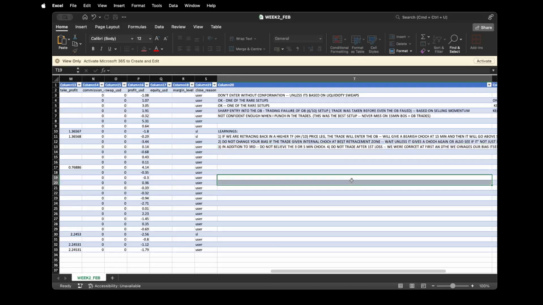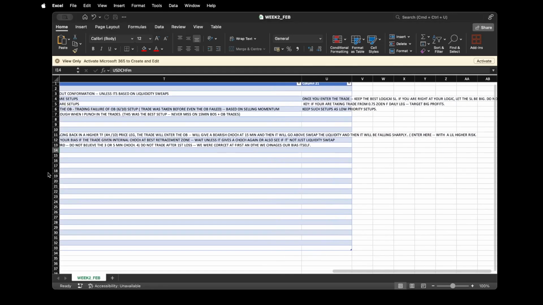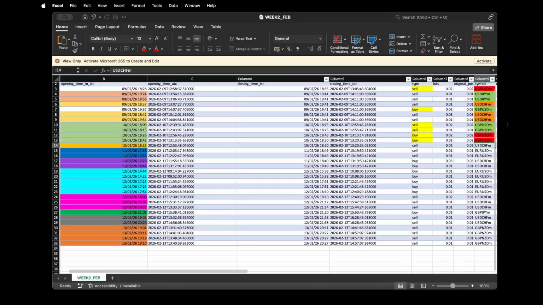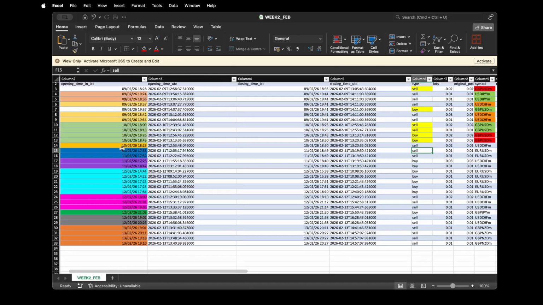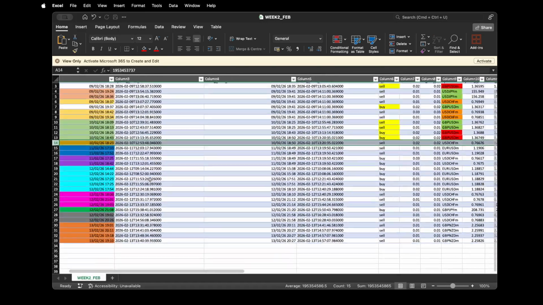Okay, so the next trade we need to analyze is USD CHF. USD CHF is basically a sell trade.